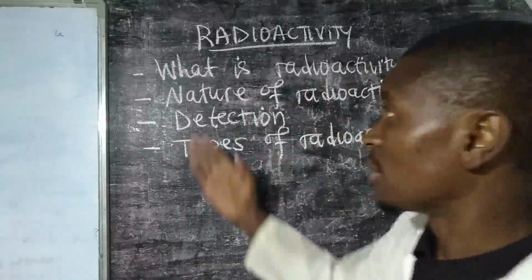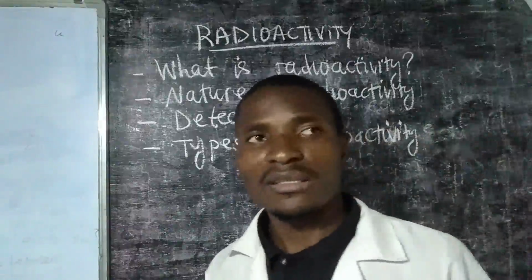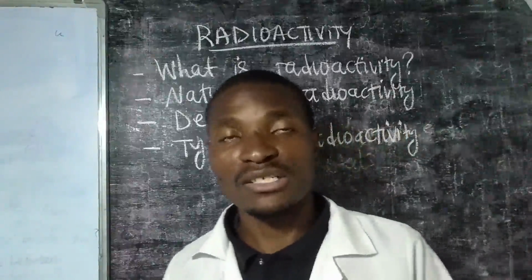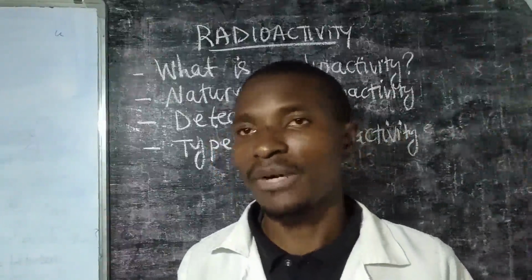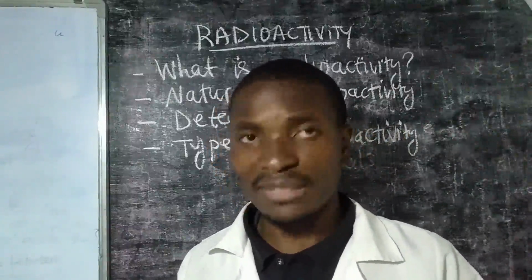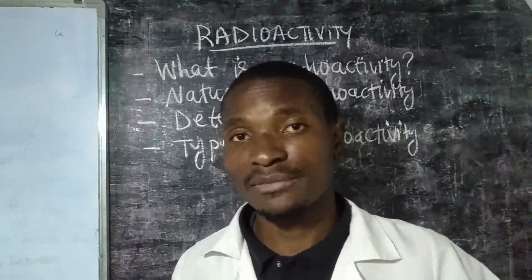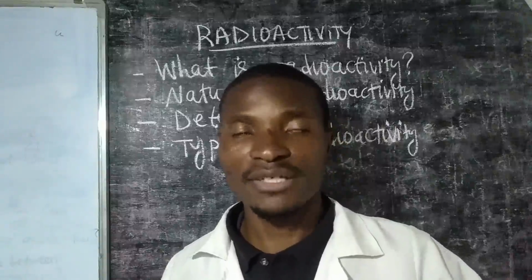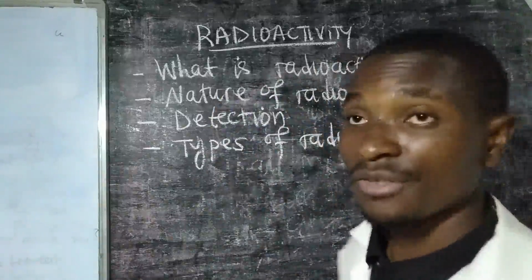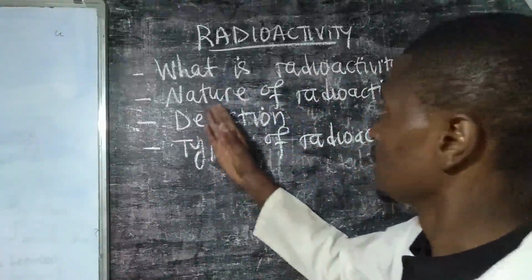And then you discover that the nature of radioactivity can also kill bacteria, animals, organisms, or they can also kill plants. So it's quite dangerous when you are dealing with radioactivity.